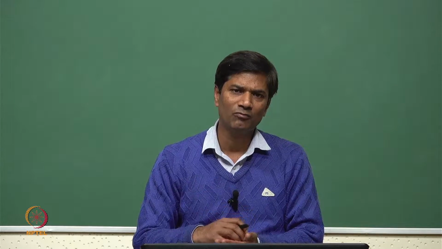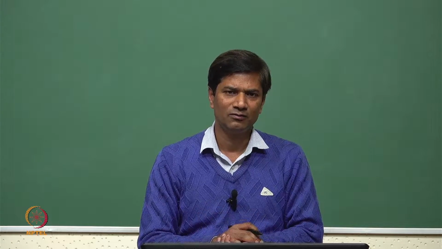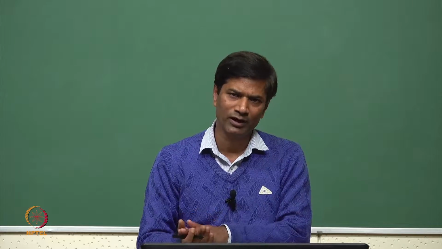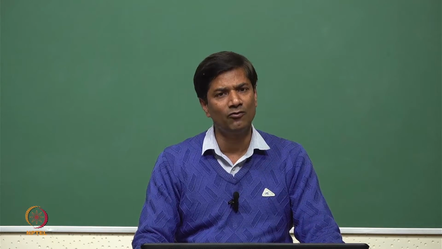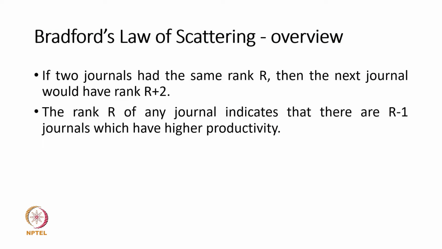If it happens that the same number of articles are in two journals, for example, a journal contains 10 articles, another journal also contains 10 articles, that means if the two journals had the same rank, then the next journal would have the R plus 2 rank.